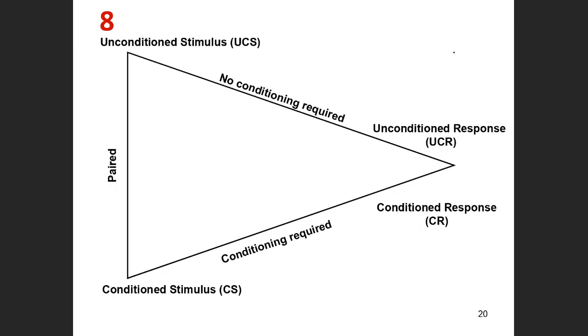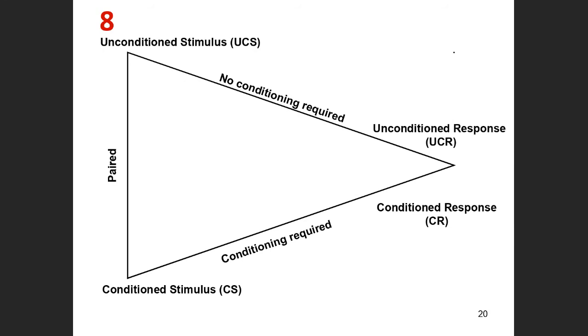An unconditioned stimulus is one where there's no conditioning required to get an unconditioned response, because it is a reflexive response. But then when you pair an unconditioned stimulus with what at first is a neutral stimulus, it becomes a conditioned stimulus, and that's the conditioning.